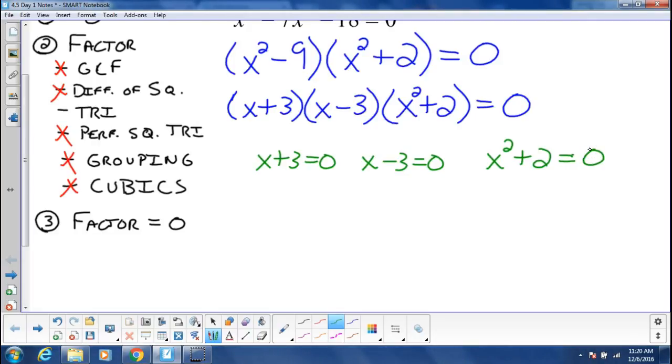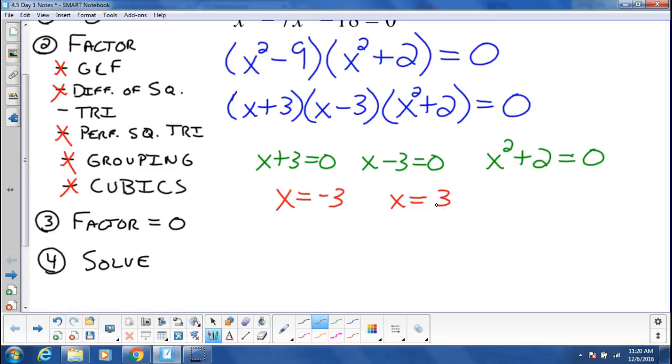Now what? So, solve. Now we can solve. So we get x here equals negative 3. X here equals positive 3.